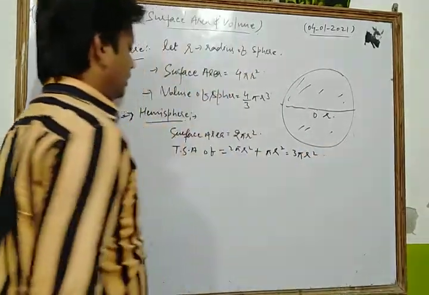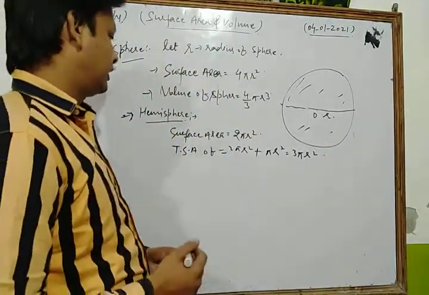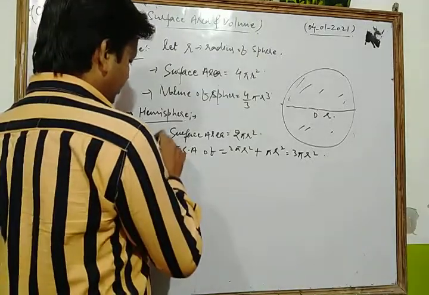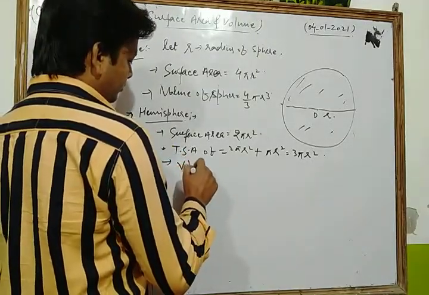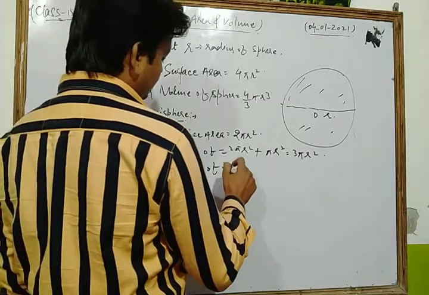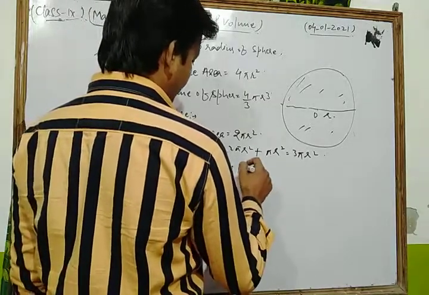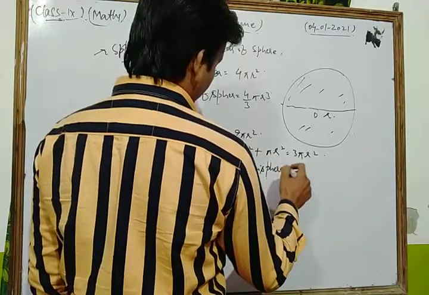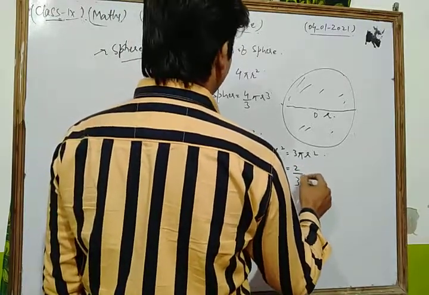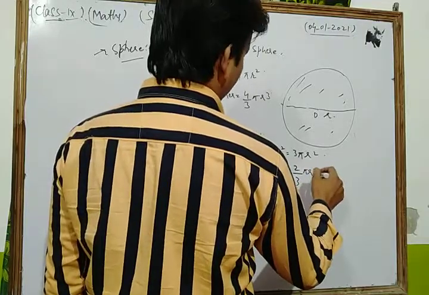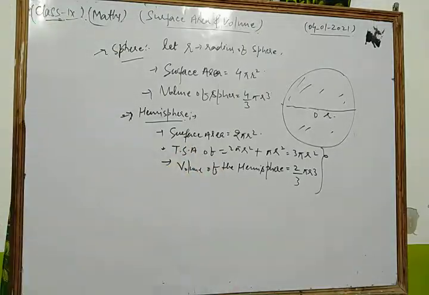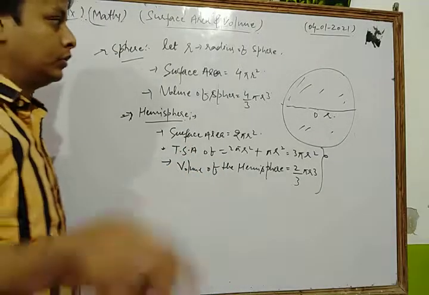And the last one is the volume of the hemisphere, which is 2 by 3 pi r cube. So these are the very important formulas related to spheres.